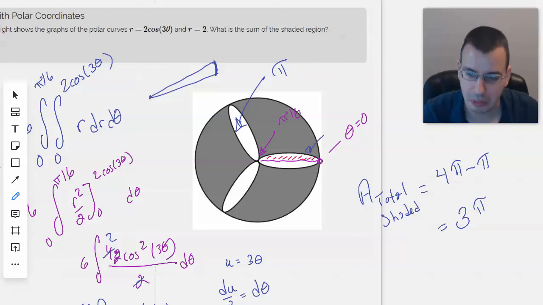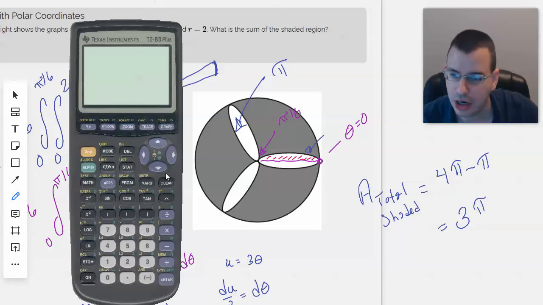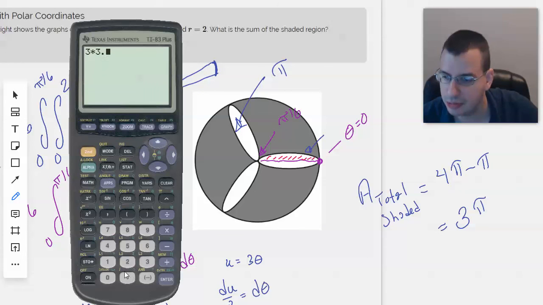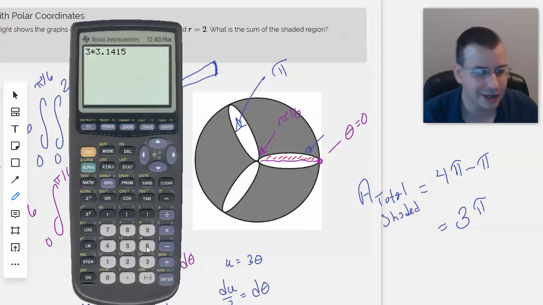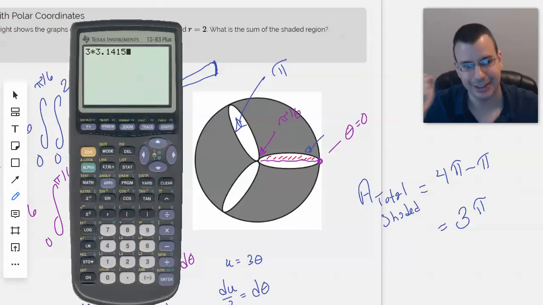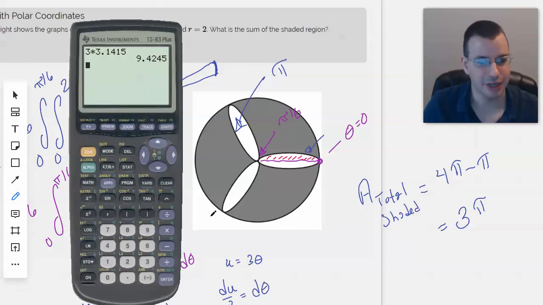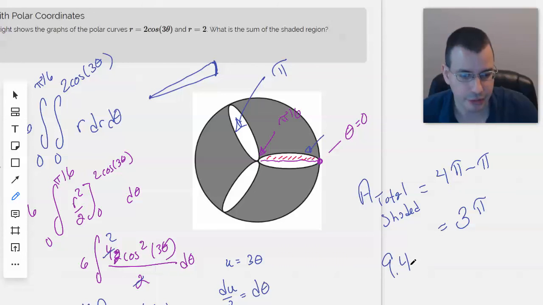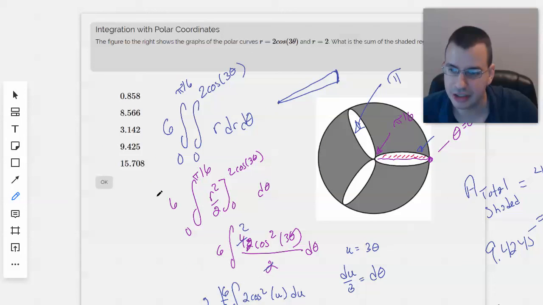Using our calculator, 3 times 3.1415, I know they have a pi button, but 3.1415 is more accurate than I'm ever going to need in life. So 9.4245, and our answer is right there, which is 3 pi.